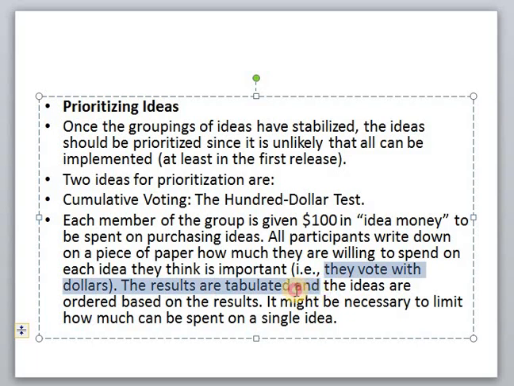So all of them have voted with the dollars. The results are tabulated and the ideas are ordered based on the results. So the results were organized in a tabulated form in which the order of ideas was based on the results.